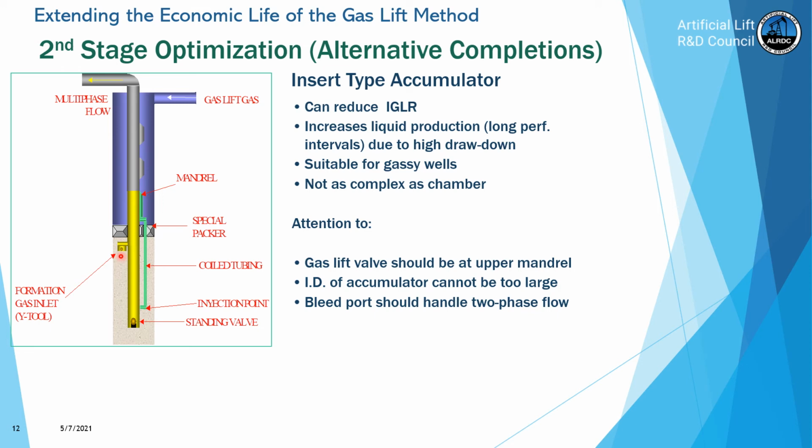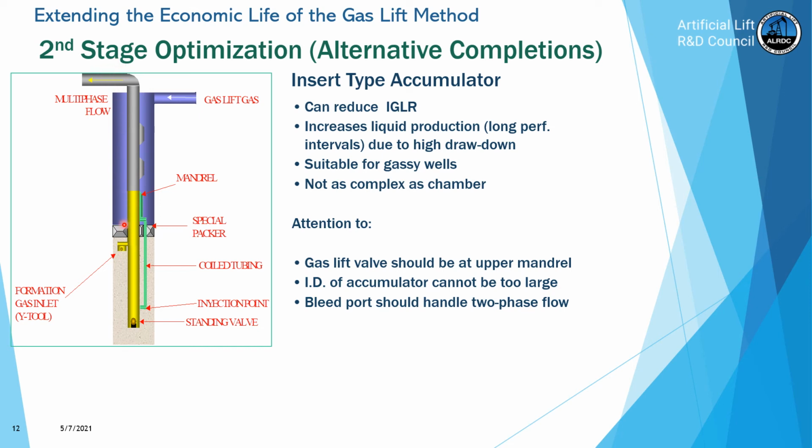This should not be designed only to handle or to vent the gas from the separator, because we should take advantage of the fact that the liquids will travel here through this upper standing valve. So the liquid will go through here and into the tubing. The liquid will drop, and most of the liquid that accumulates here in the accumulator is coming from here, not from here. And the gas is handled very, very nicely because it will go up.